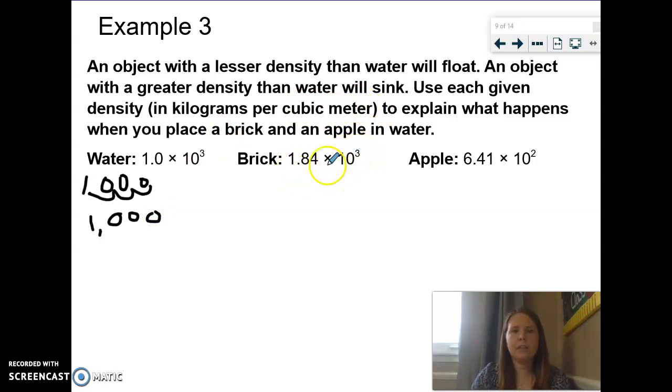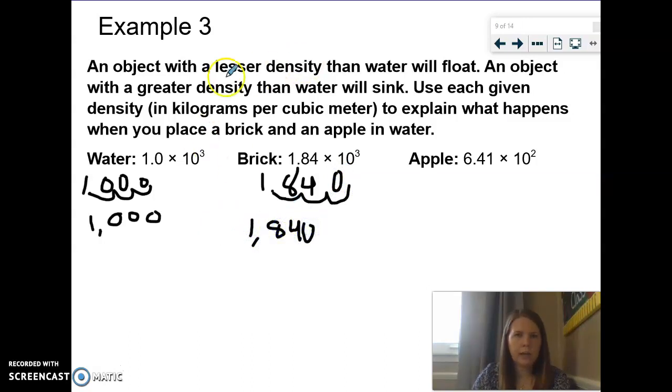All right, my brick looks to be the same thing. It's multiplied by a power of 10 to the third, but my factor is different. So I'm going to rewrite this out. We are going to move my decimal place 3 to the right. 1, 2, 3. So I only have to add in one extra zero, so it looks like I got 1,840.